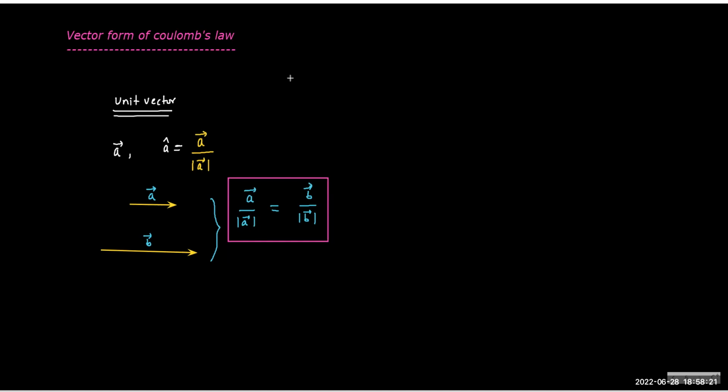Now we can come to Coulomb's law. We are trying to write Coulomb's law in vector formulation, not just by writing the magnitude. So we had the formula F equals K Q1 Q2 divided by R square.